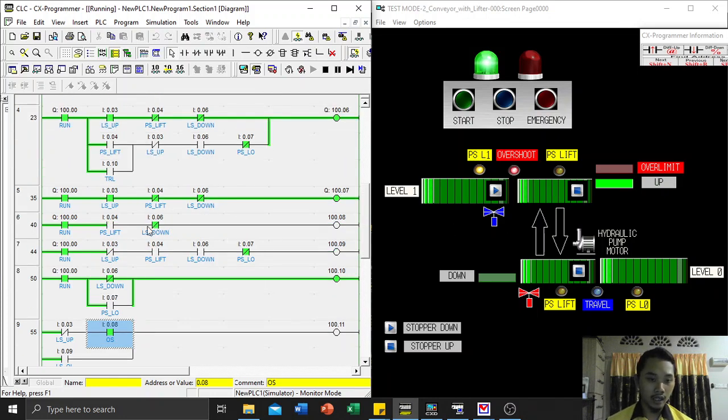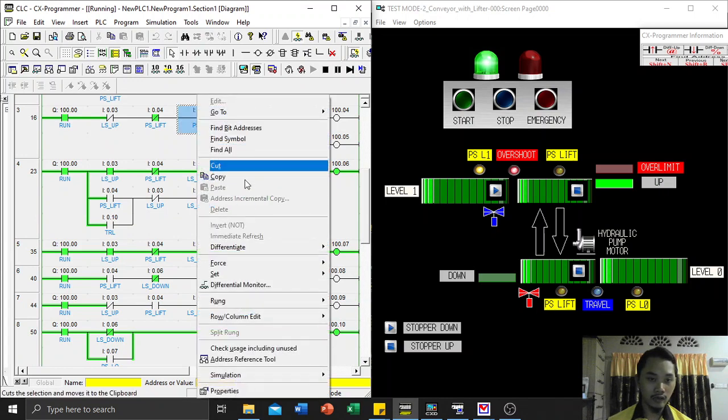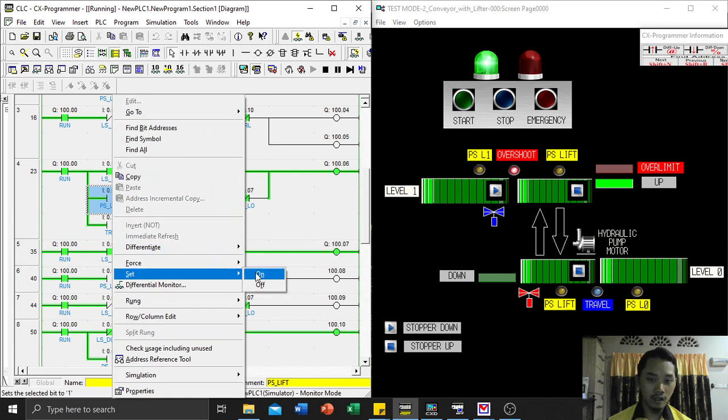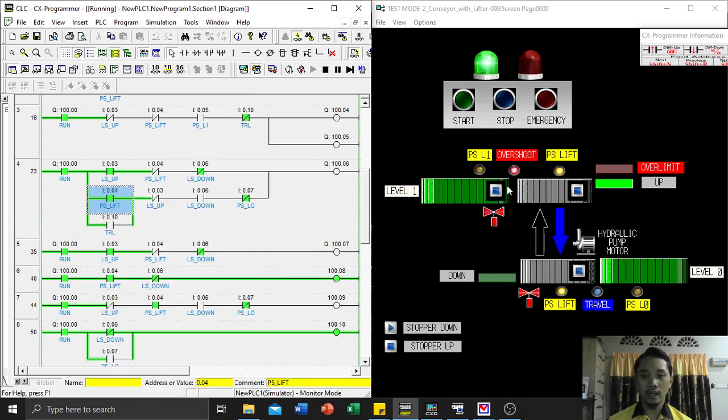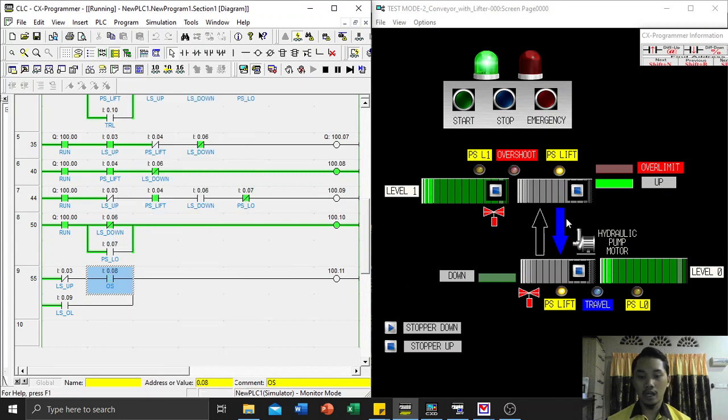Slowly, when the presence sensor at level 1 does not detect the load anymore, it continues to transfer the load until the presence sensor at the lift is on. After that, the valve for lifter down will be on, and the stopper at level 1 will go up.